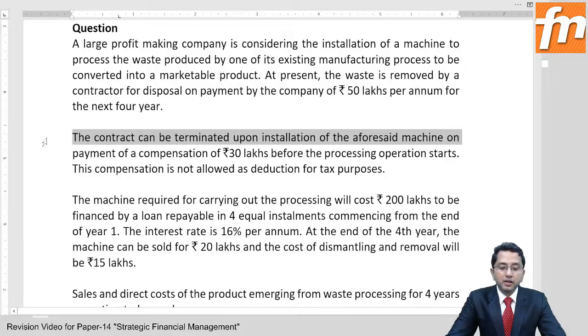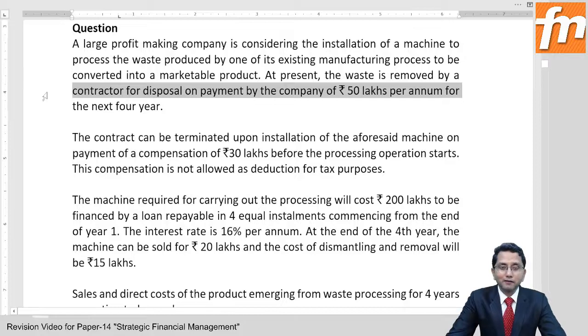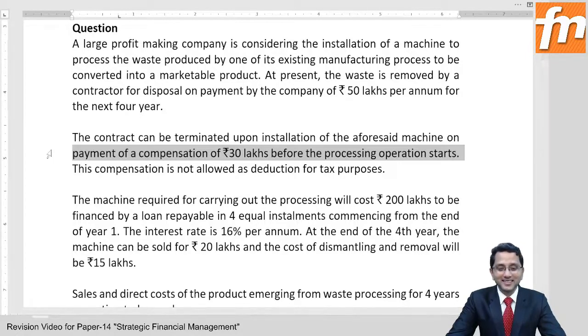The contract can be terminated upon installation of the aforesaid machine on payment of compensation of rupees 30 lakhs. Oh my God. But this is the contract, na? And if you break the contract, you'll have to pay compensation of 30 lakhs before the processing operation starts.